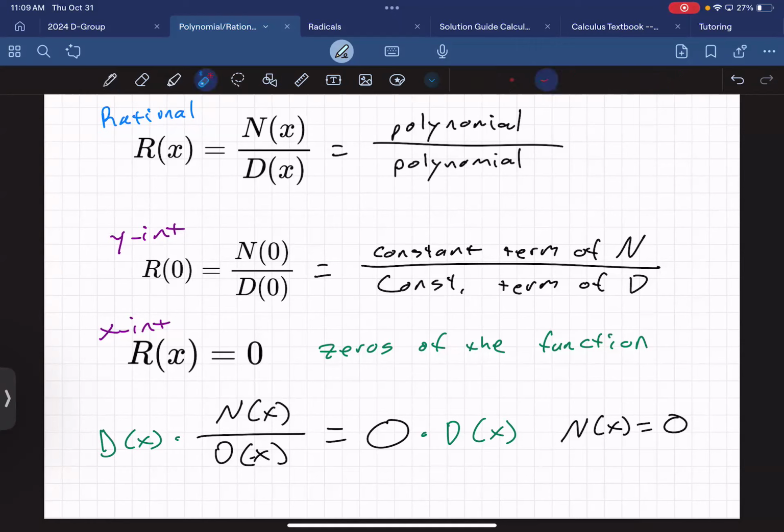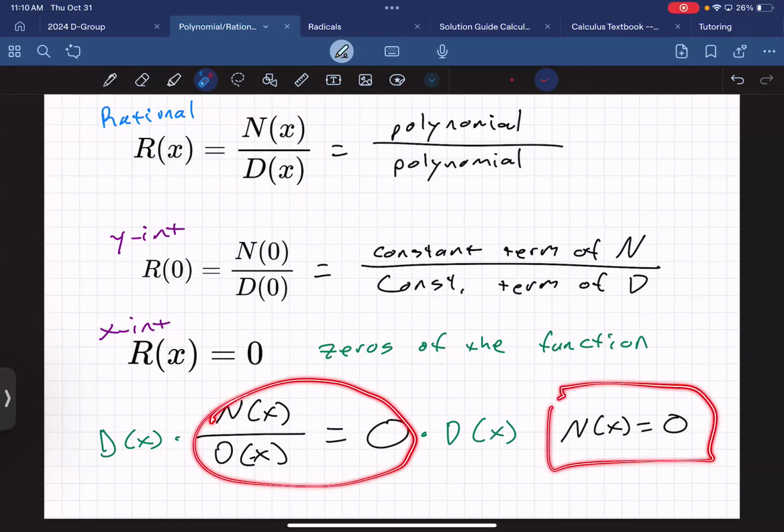So as I look at this rational function, written in this form, I set the whole function equal to 0. What part of the function will actually have the x-intercepts, if any? What letter do we see here? What does the n stand for? The numerator, right?